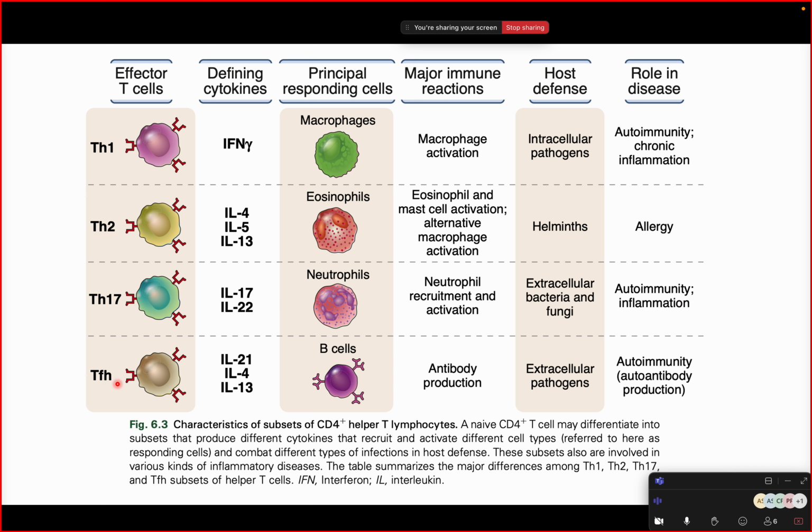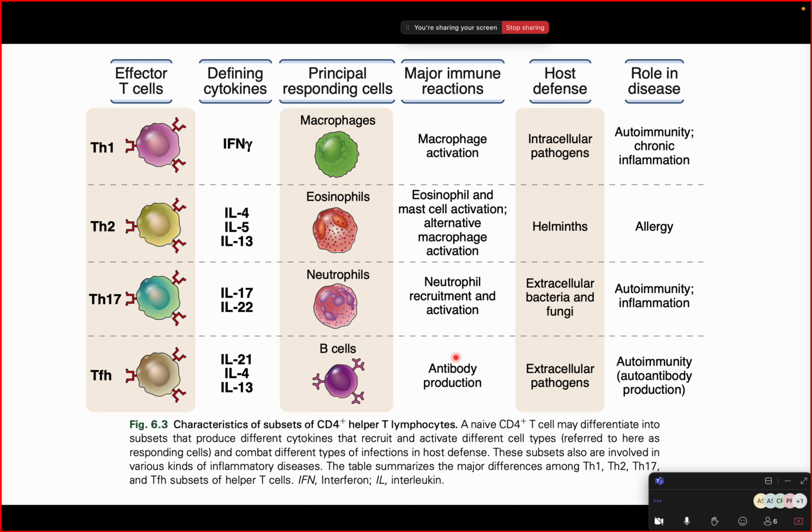Similar for TFH. Here it will be IL-21, IL-4 and IL-13. Their function is antibody production.